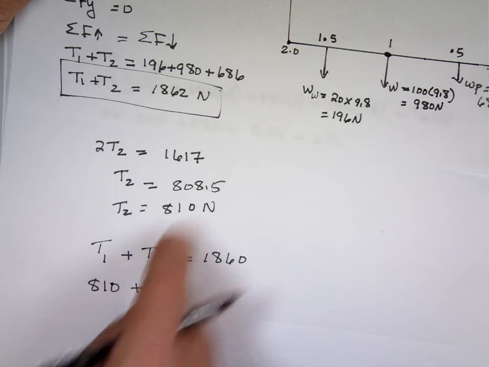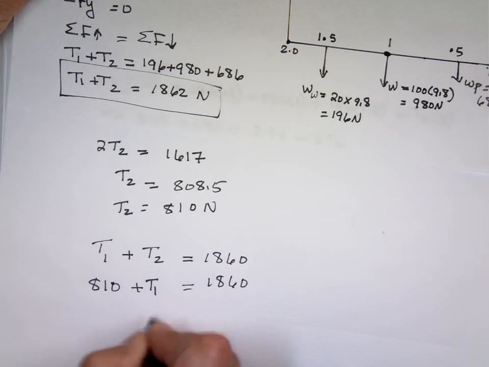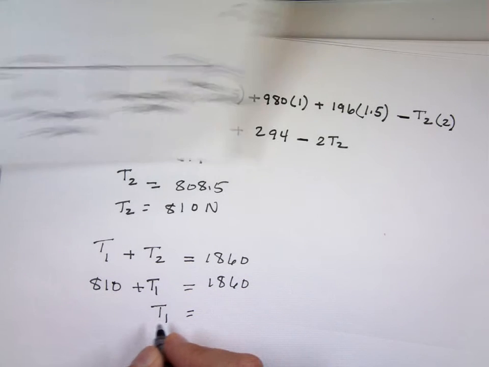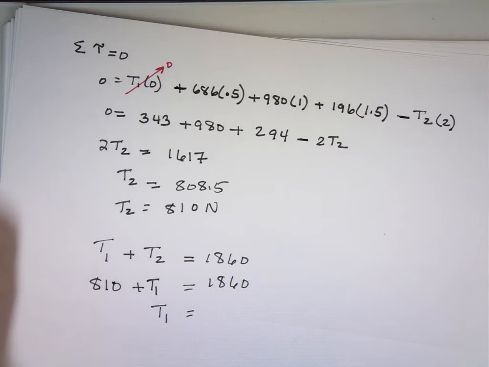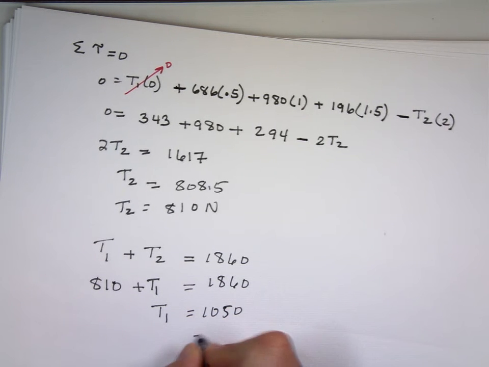T2 is 810. Can we get what T1 is? 1860 minus 810, 1050, and if you're looking for 2 significant digits, that's 1100.